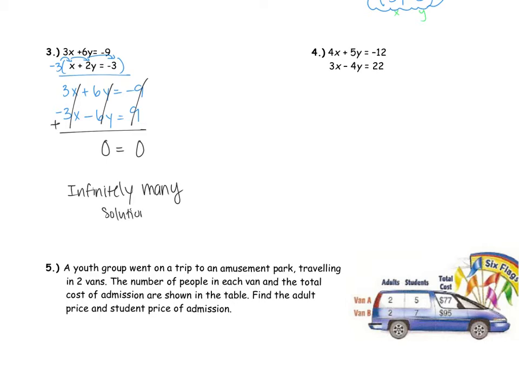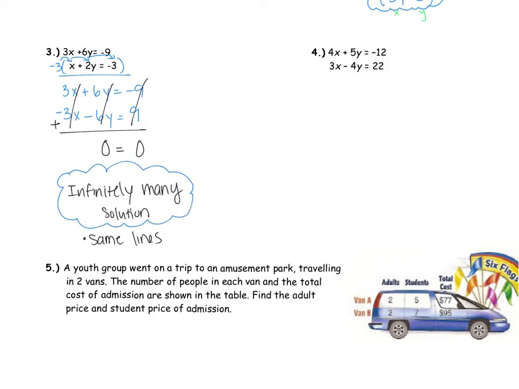So anytime you notice your variables and your numbers cancel out, that means you have infinitely many solutions if you get both sides to equal each other. Also, just a reminder, anytime it's infinitely many solutions, that means your two equations, or your two lines here, actually end up being the same lines or the same equations. So a little note there, but this is infinitely many solutions.